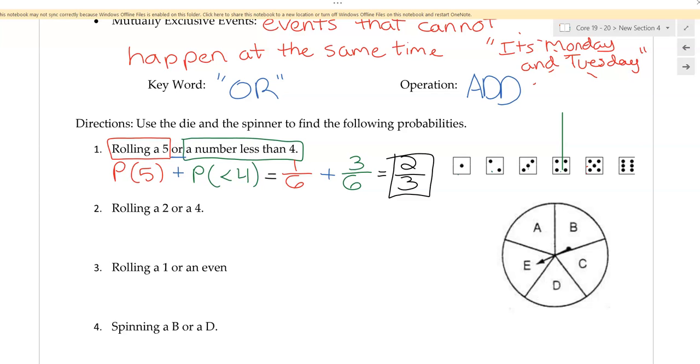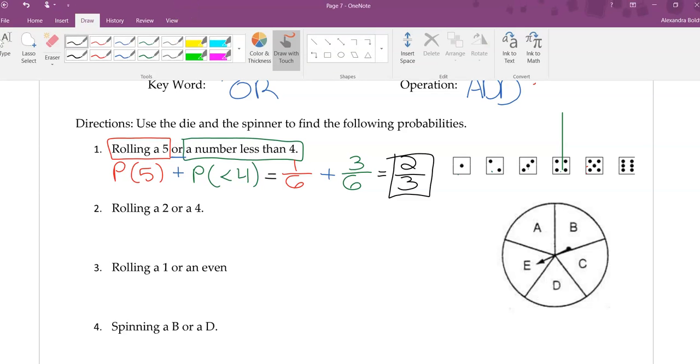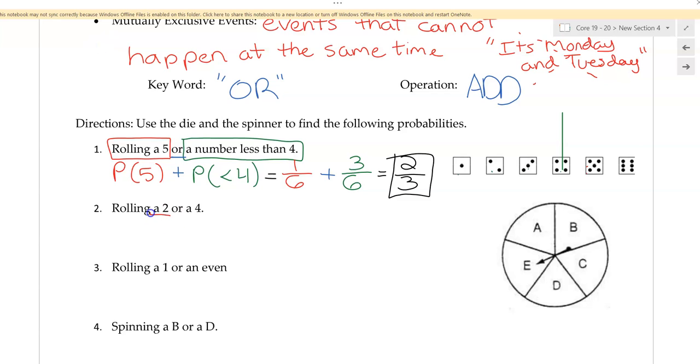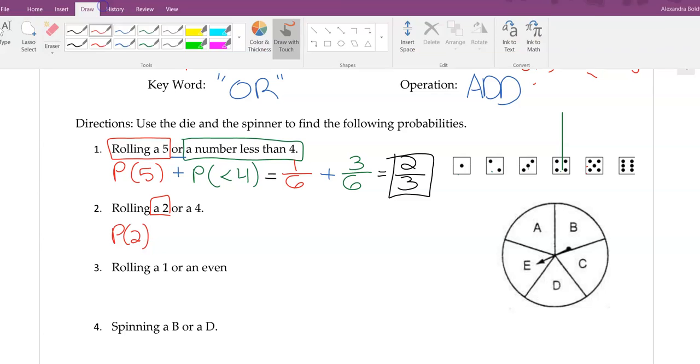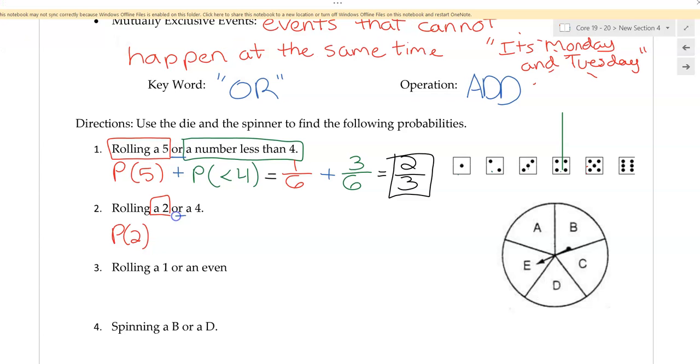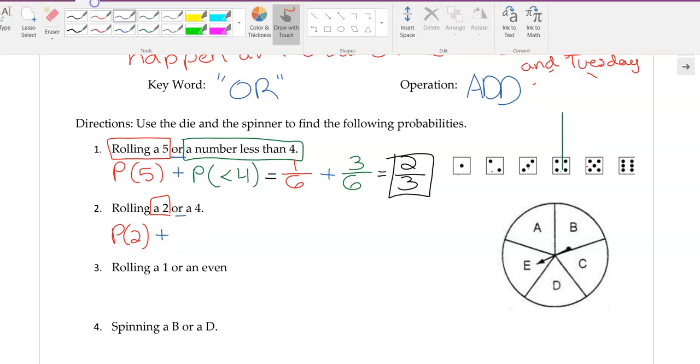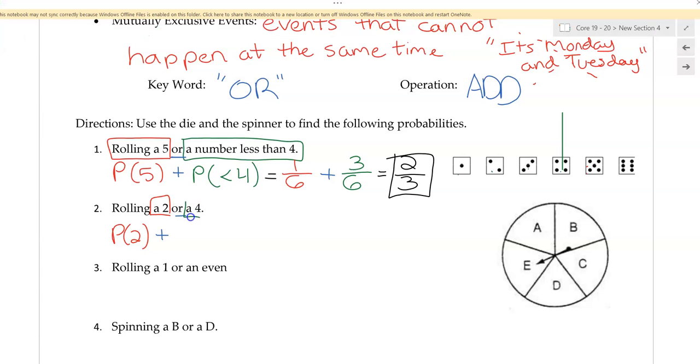Same thing for number 2. If I'm rolling a 2 or a 4, I'm going to get a 2. So probability of 2. Or tells us to add. Probability of 4.